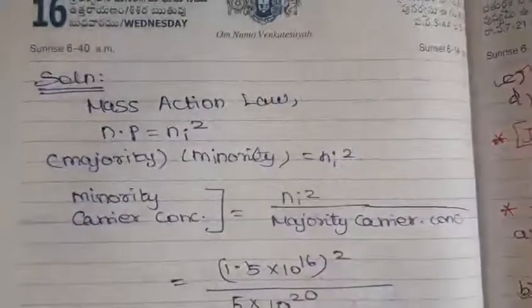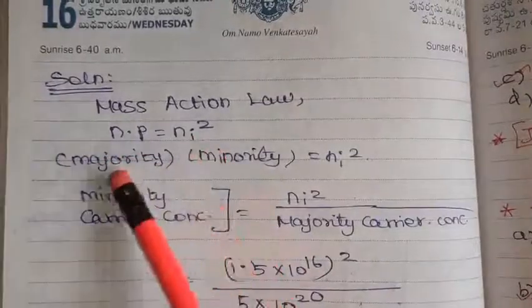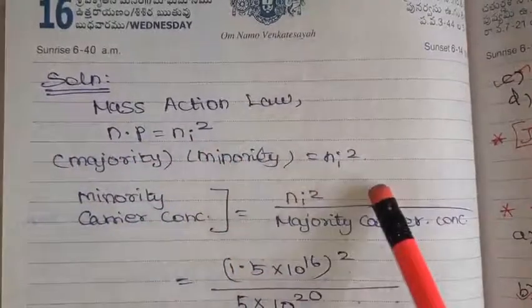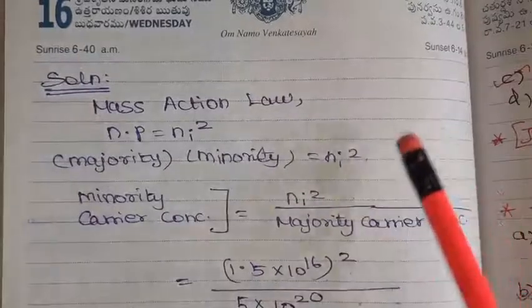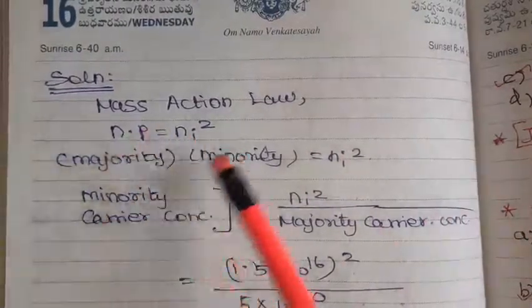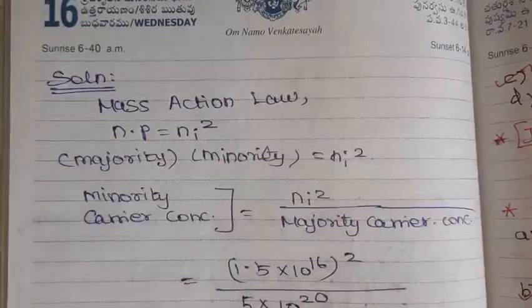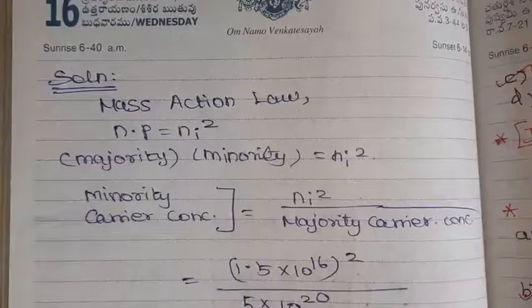We'll see. So we know the mass action law. What does it state? n into p equals ni squared. So majority into minority is equal to ni squared, where ni is the intrinsic carrier concentration. Majority into minority is equal to the square of the intrinsic carrier concentration. So this is the formula.